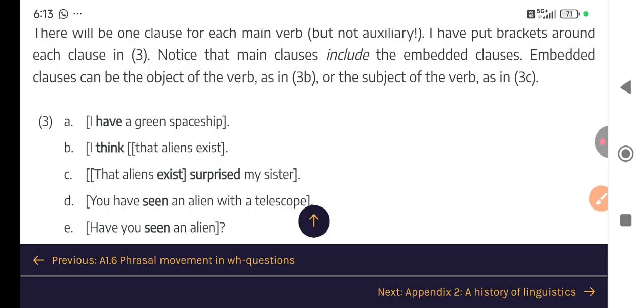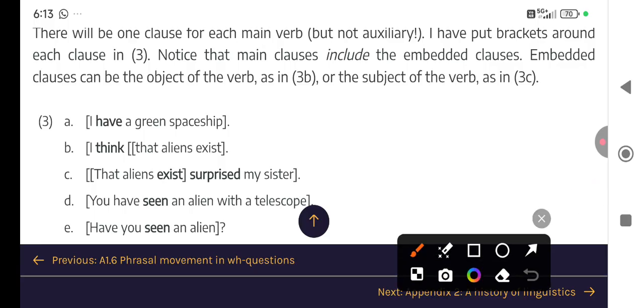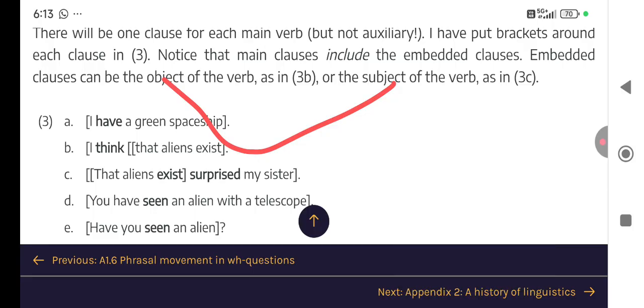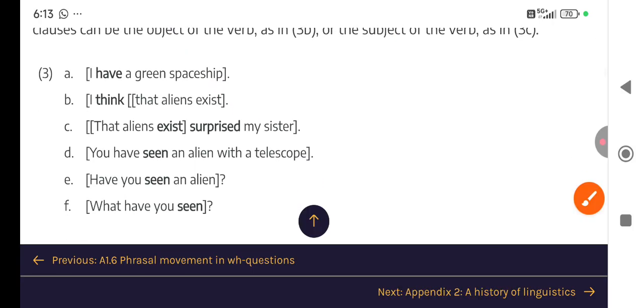Similarly, he's talking about how the main clause includes the embedded clauses, one clause or a number of clauses. Embedded clauses can be the object of the verb, so that will be either object of the verb or subject of the verb. How? Let us see.